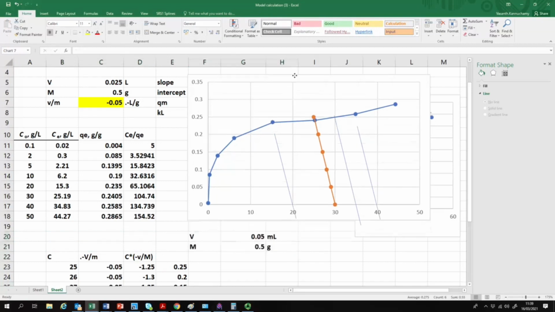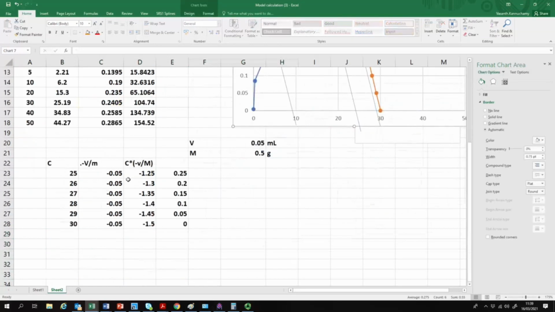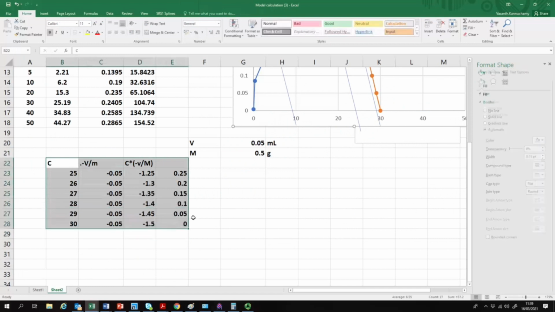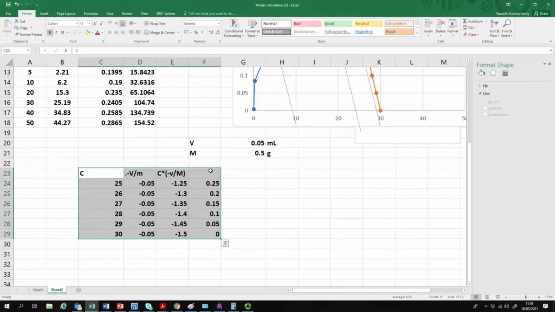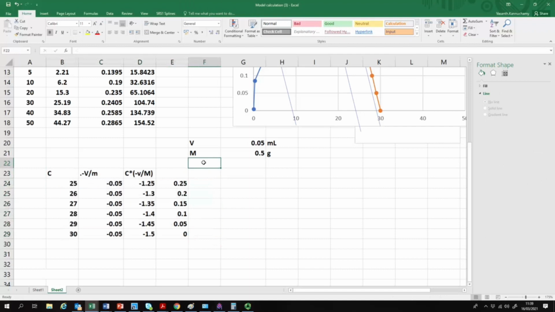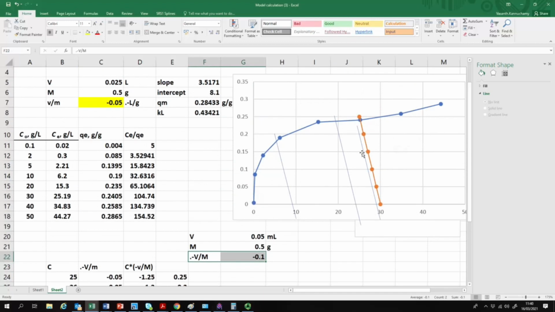So in this case, the slope minus V by M should be equal to minus 0.05 divided by 0.5. So our new slope value, this is the slope of the operating line, is minus 0.1. So what we have to do now is, let me remove these ones.